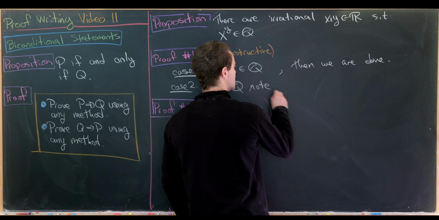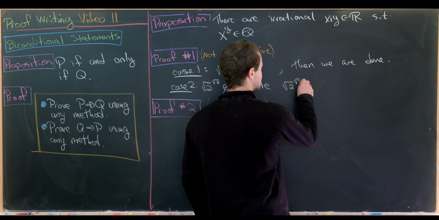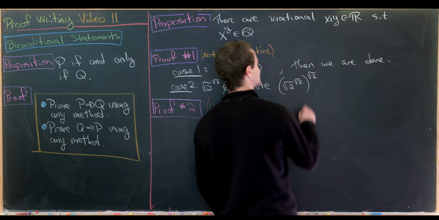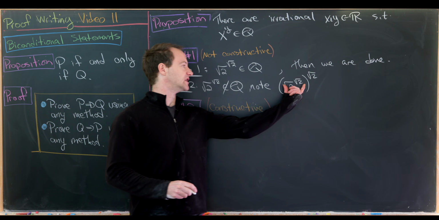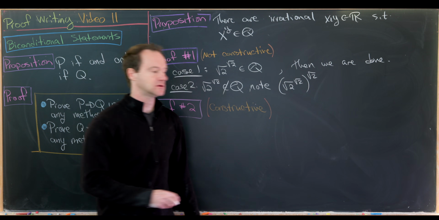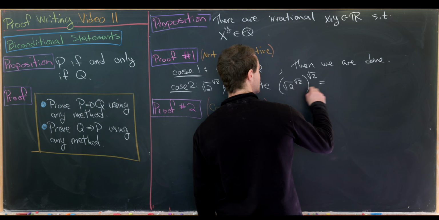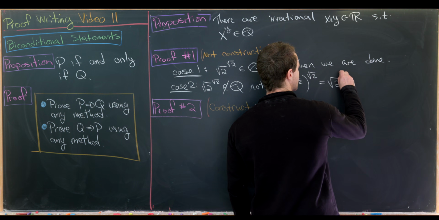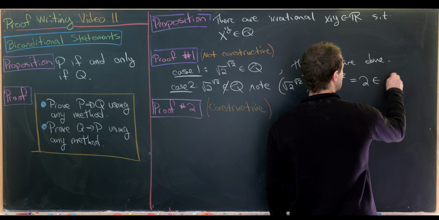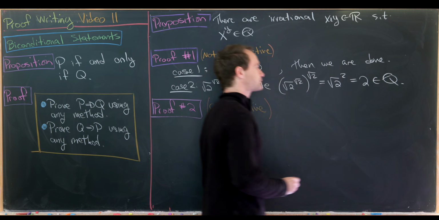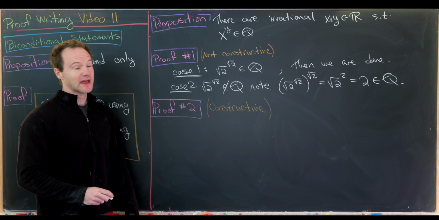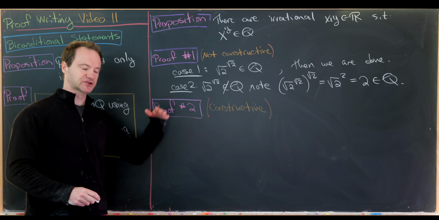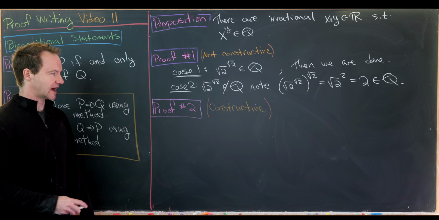Let's note that if we take the square root of 2 to the square root of 2 and raise that to the square root of 2, then by our assumption we have an irrational to an irrational. But by exponent rules, this simplifies to the square root of 2 to the 2 power, which is 2, which is rational. And we're done. So either way we have an example of an irrational to an irrational which is rational.